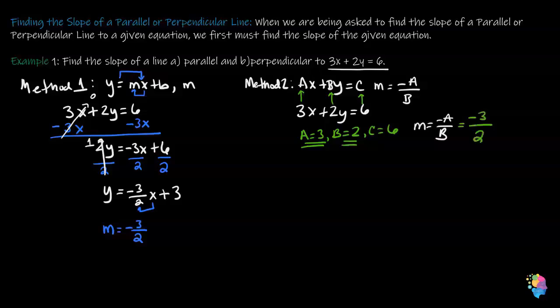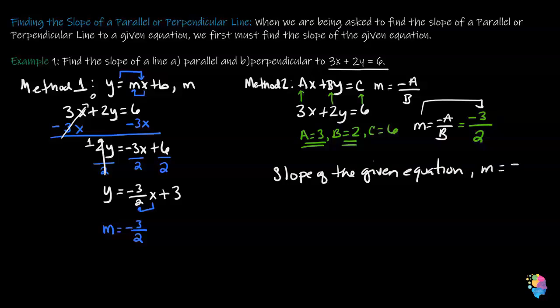And notice how the slope ends up being the same as in method 1. So then the slope of the given equation, let's write it down, is m equals negative 3 over 2.